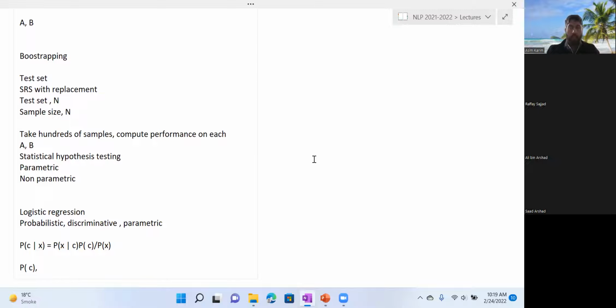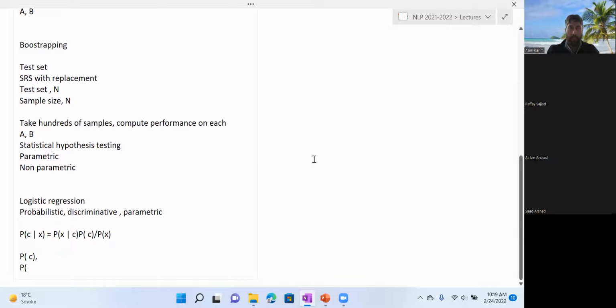You generate a class, and given this class, whatever that is, 1 or 2 or 3, remember, if it is a K class problem, you then generate a sample X given that C. And that sample X, of course, is an example of a document belonging to that particular class. And you can repeat this process randomly according to these distributions to regenerate the data. That's why it was called generative.